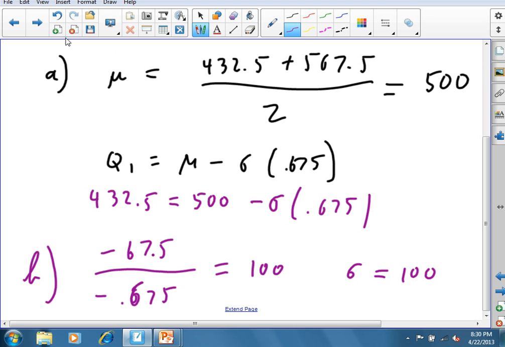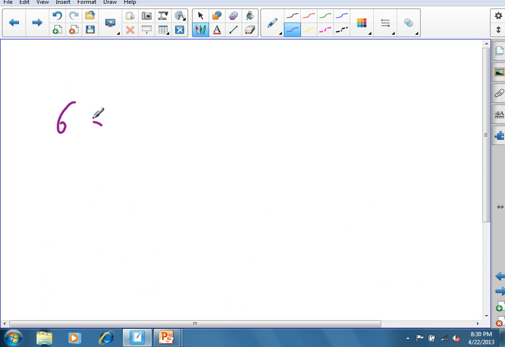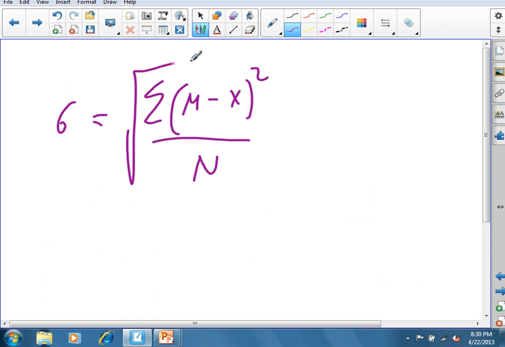Why is that? Well, the standard deviation is the summation of the mean minus the value squared, divided by n, square root, right? The square root of any number has to be positive, right? Well, it doesn't have to be. I could have imaginary numbers, but we're not going to deal with imaginary numbers, so that has to be positive.